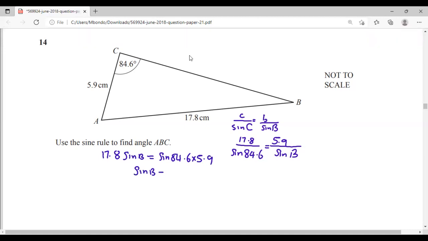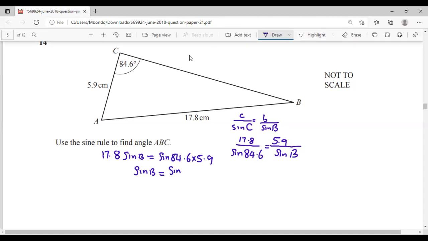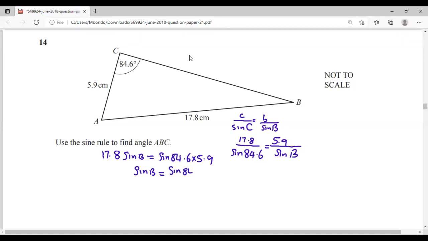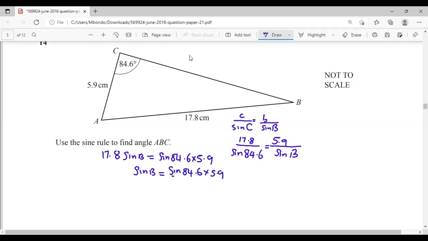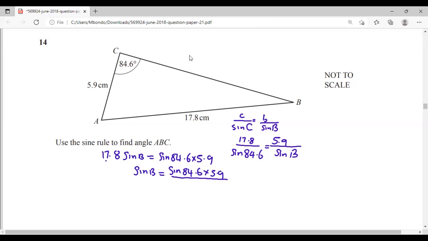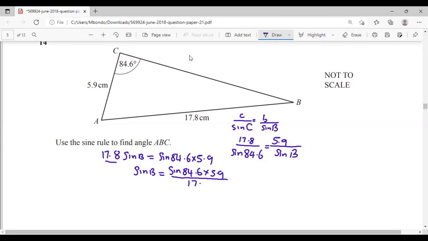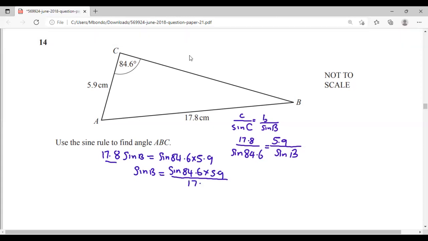This is equal to sine 84.6 multiplied by 5.9. We divide throughout by this one here, 17.8. Then now we want to find the actual angle at B, which is angle ABC.